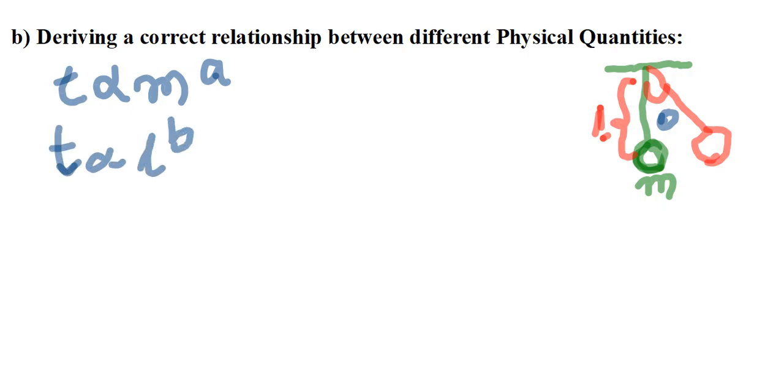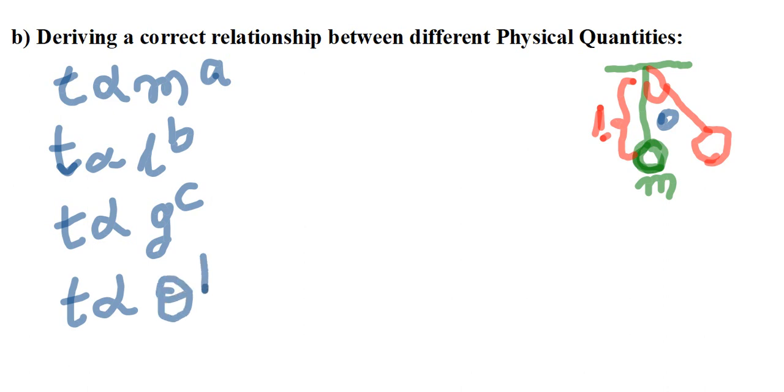So here the time period of the simple pendulum T depends upon: T proportional to m power a, the mass of the pendulum; T proportional to L power b; T proportional to acceleration due to gravity g power c; T proportional to swinging angle theta power d.